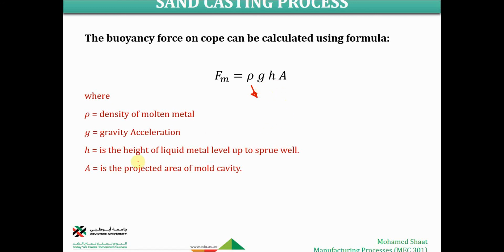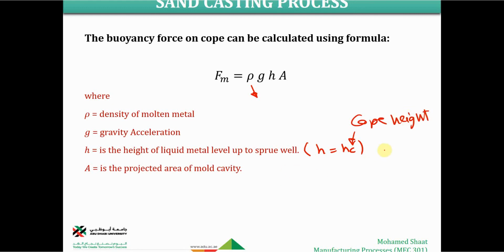In addition, h should be the height of the liquid metal level up to the down sprue, up to the sprue well. In many of the cases, this h will be equal to hc, which is the cube height. So it's going to be considered as the cube height in many of the cases.